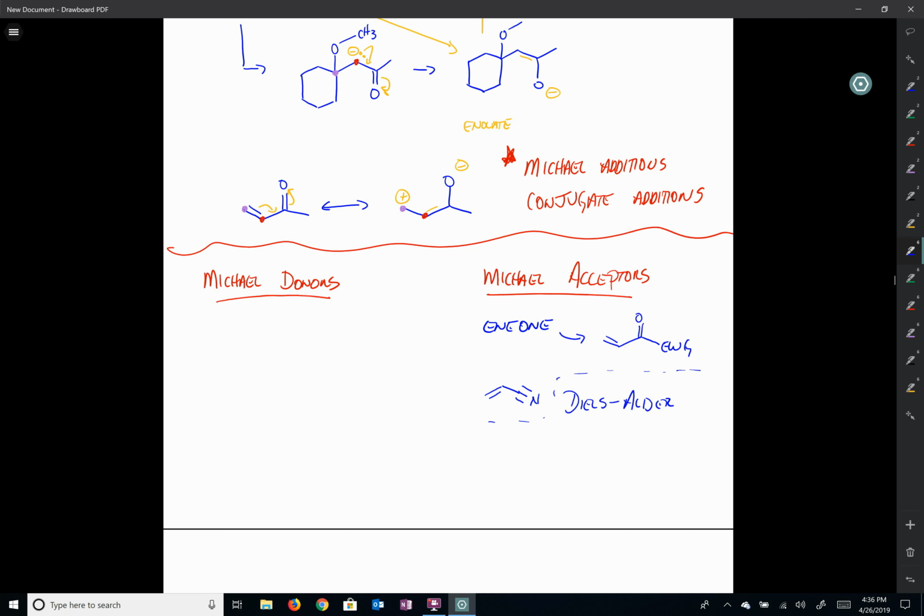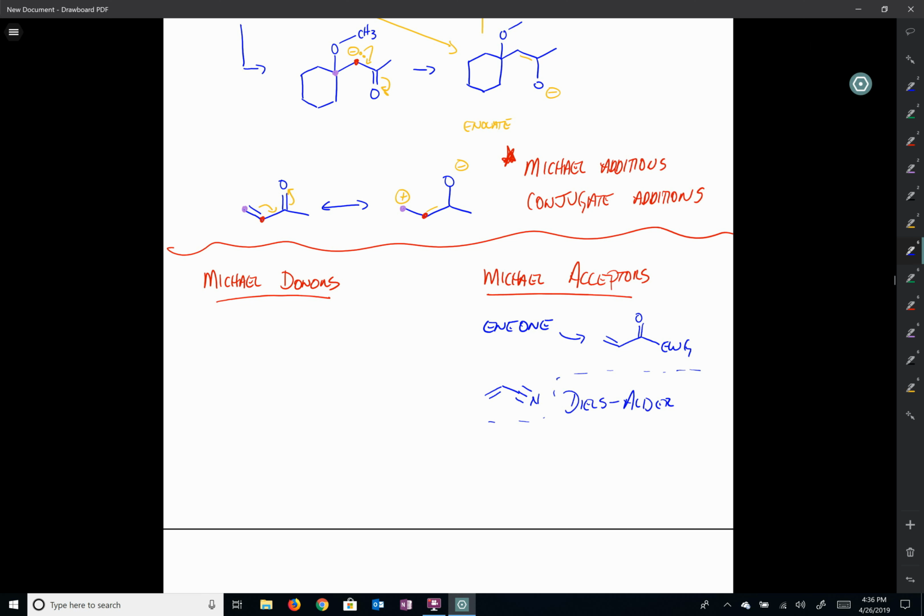That's where we originally talked about how they affect the pi bonds and the resonance structures. So go back and see if you can remember about electron withdrawing groups and apply those same principles here to these Michael acceptors. The most common ones are probably going to be these enones here, and we learned how to make those in this chapter. But we can also see things like cyano groups there.